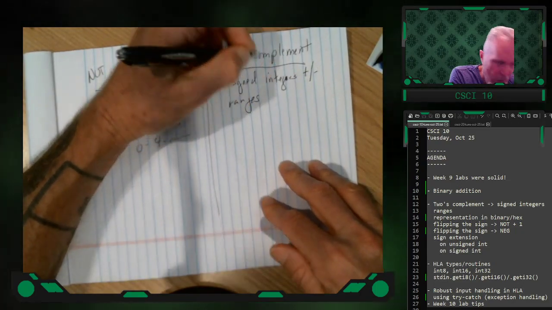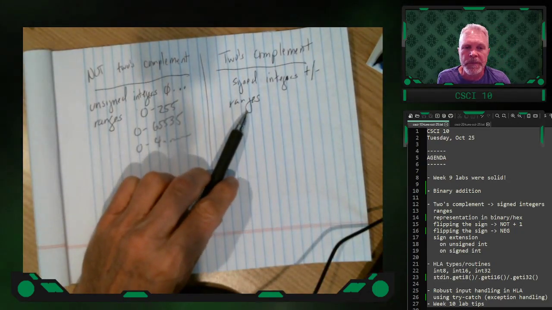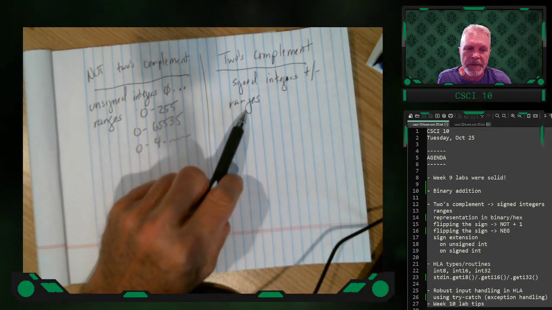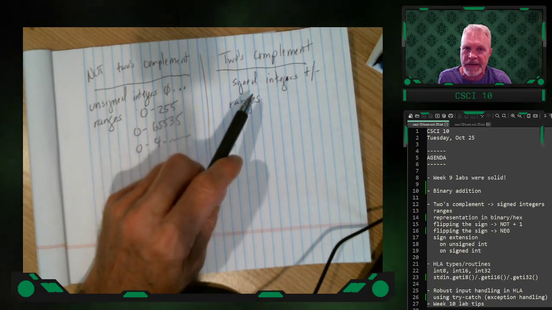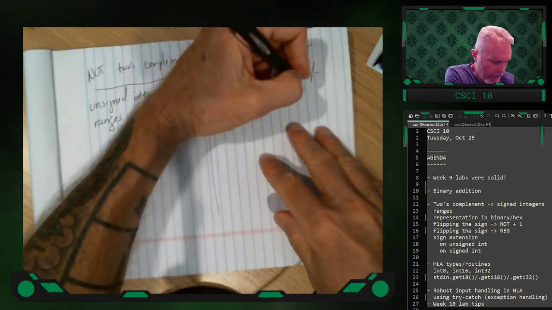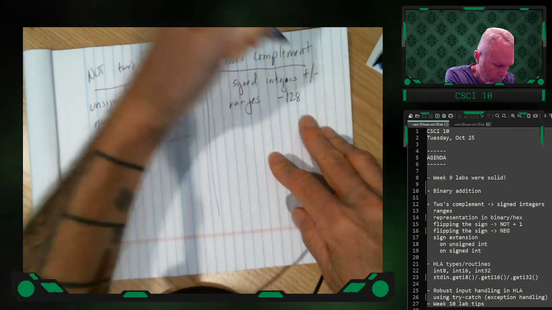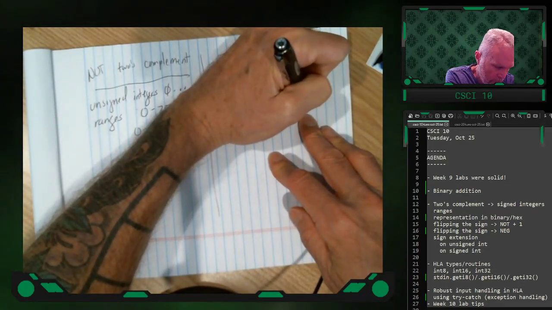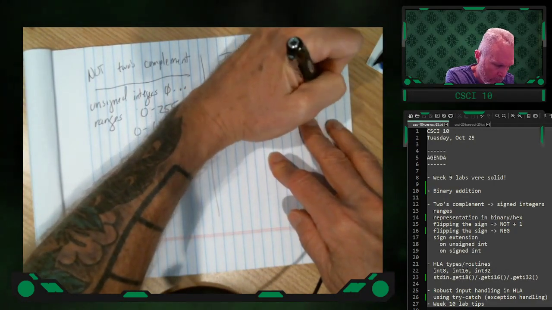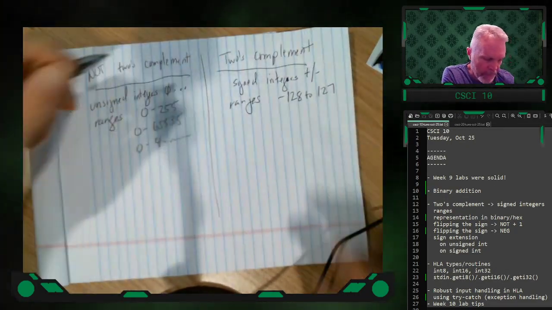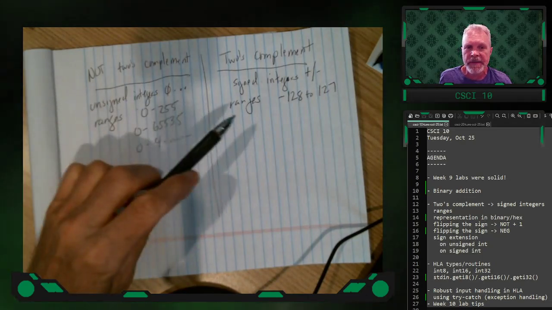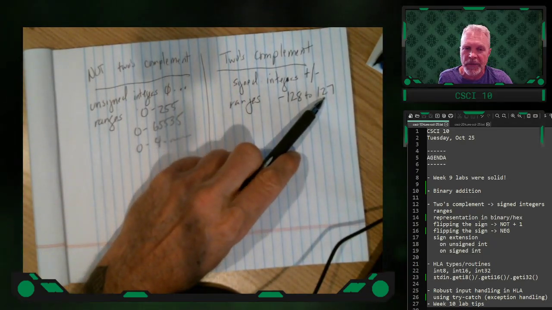And we have to then know if we are choosing to interpret two's complement, then we get different sets of ranges. For 8-bit, the range is negative 128 to positive 127.